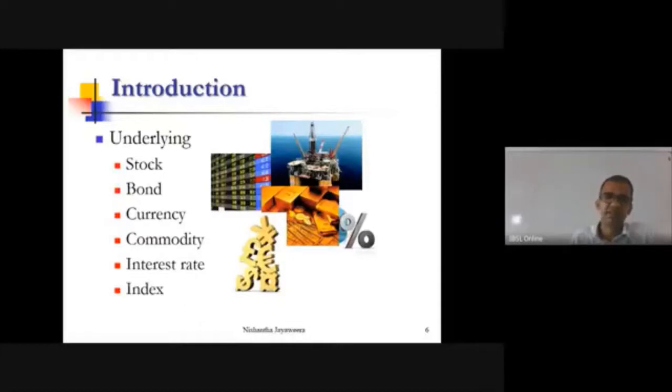Those are the indexes. The derivative can be based on those indexes as well, or on individual shares, individual bonds, or bond indexes. In Sri Lanka, we don't have a bond index, but in other countries they have bond indexes. So these are the basic underlyings. But as I said, the underlying can be another derivative as well.